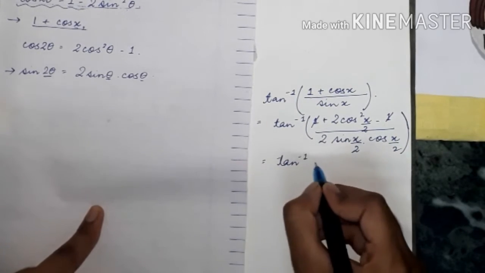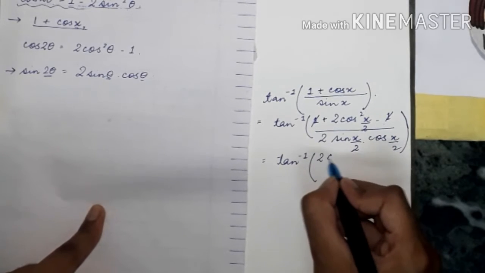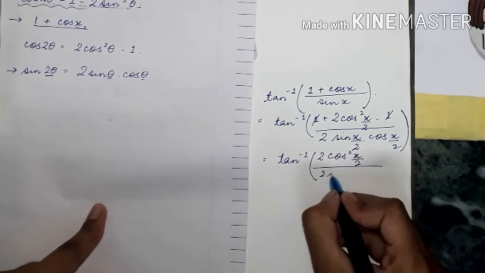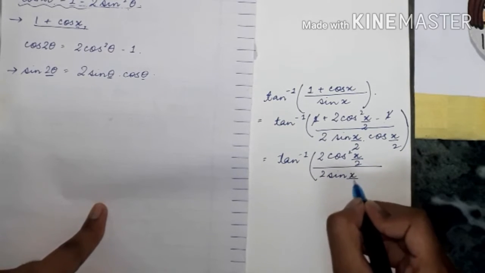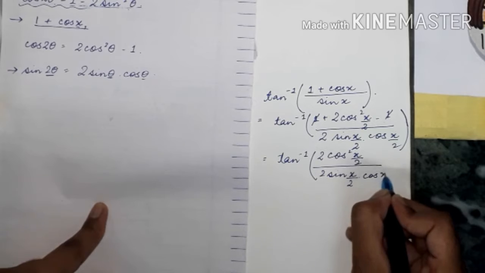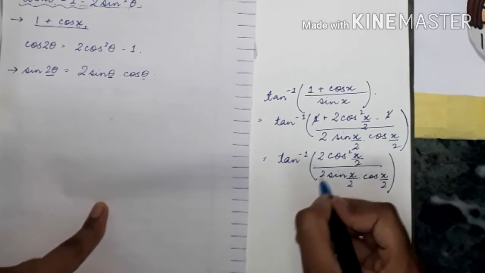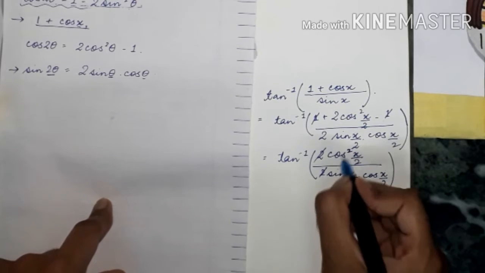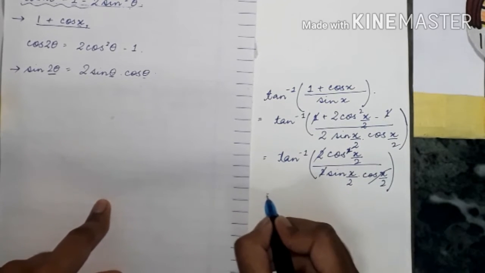Now see, here is just a bit difference. Cos square x by 2 is there. This and this.